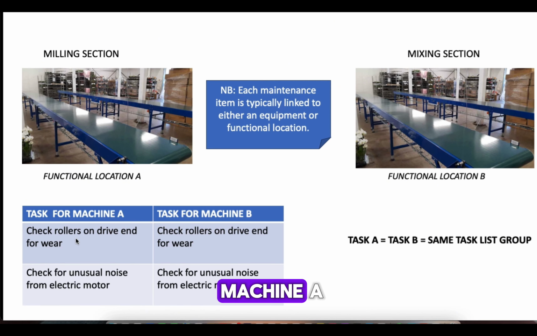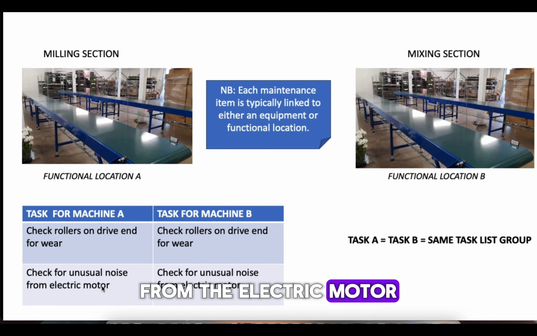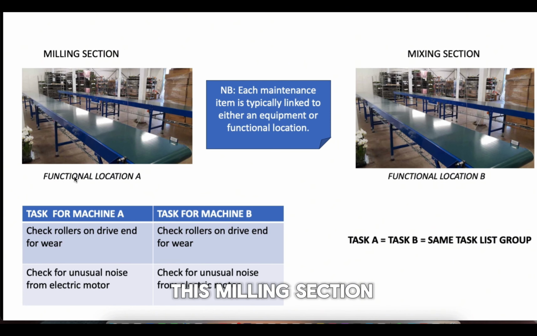So for the task for machine A, we're assuming that we are going to be checking the rollers on the drive end for wear, and we're also going to be checking for unusual noise from the electric motor. So it means that this milling section belt conveyor is going to be having the same task as the belt conveyor for the mixing section.